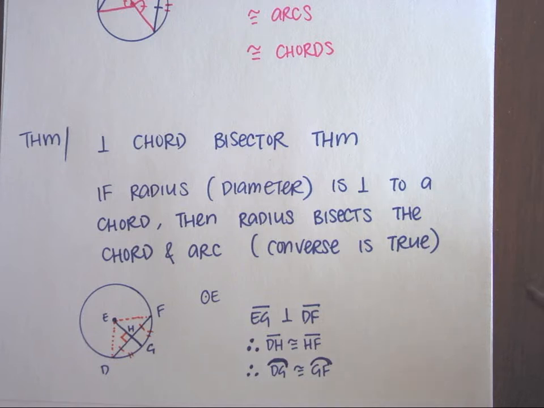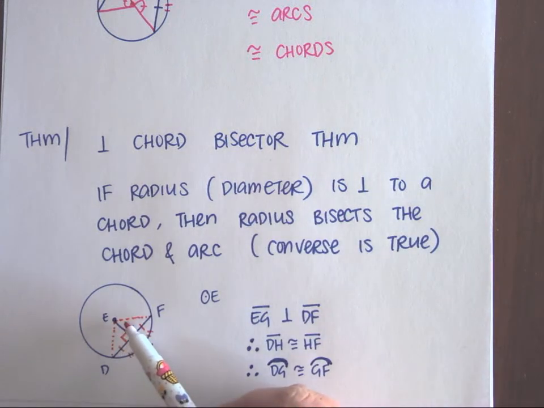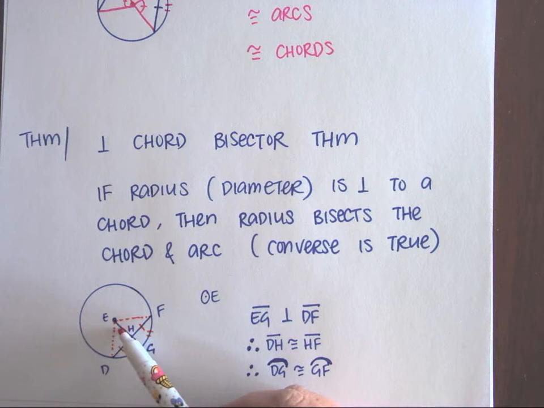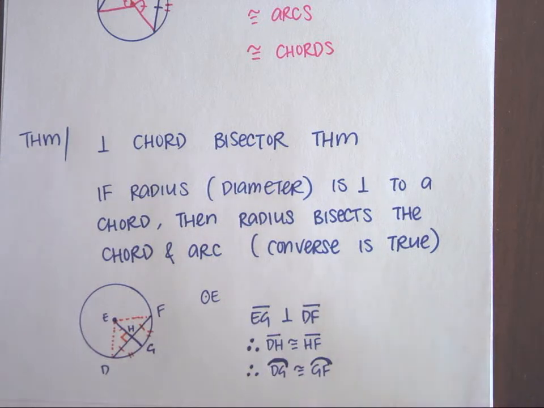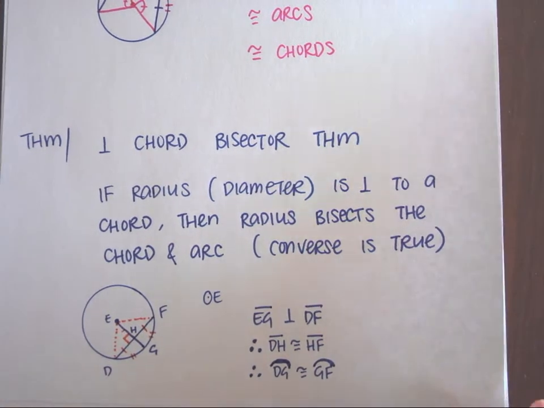So those two triangles are congruent by hypotenuse leg. That means DH is congruent to HF by CPCTC. It also means this angle is congruent to this angle, and those are central angles, so this arc is congruent to this arc. That's the proof of that theorem.